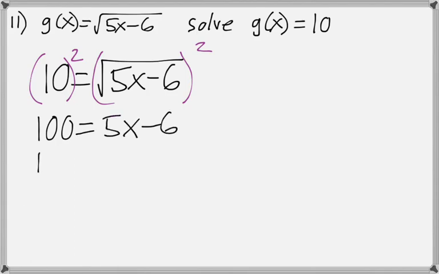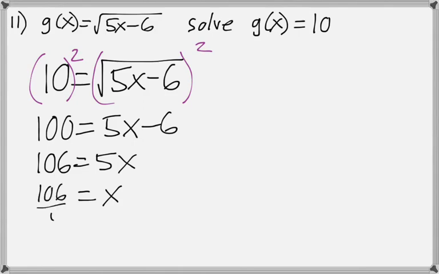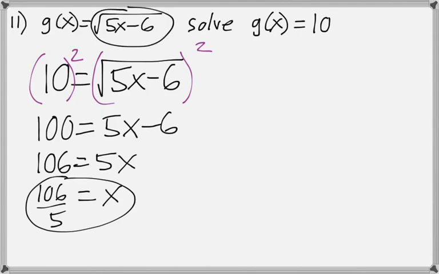Then if I add 6 to both sides, and then if I divide both sides by 5, then x is equal to 106 over 5. So if you were to plug that back into the original function, then you would get 10 as the answer.